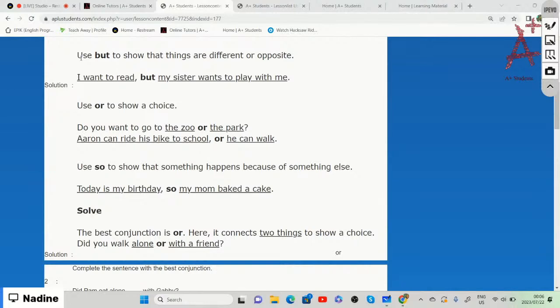If we look at the two examples: do you want to go to the zoo or the park? Which means that this person is given a choice. It's either going to the zoo or going to the park.